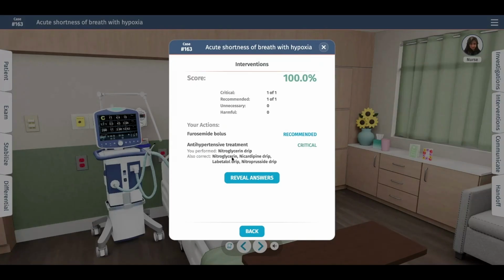Antihypertensive treatment: nitroglycerin, nicardipine, labetalol, nitroprusside. I think that's worthy of thinking about for a minute, because everything has positives and negatives, depending on the clinical scenario. One of the reasons we picked nitro is because it's a vasodilator, primarily a venodilator.